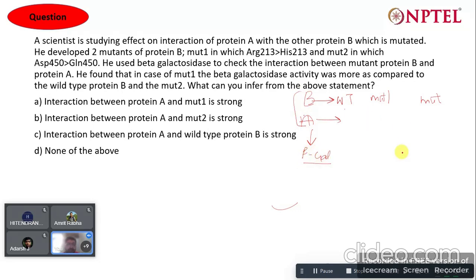And he found that in case of mut1, there is more activity as compared to the wild type as well as mut2. Okay, so what can you infer from this information?